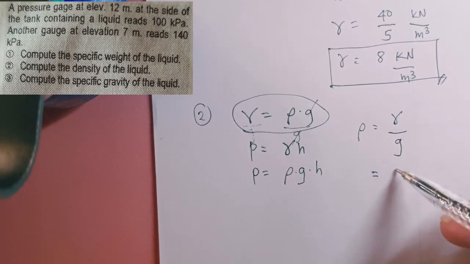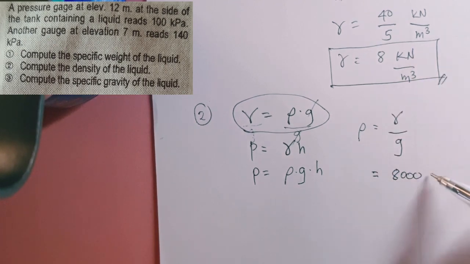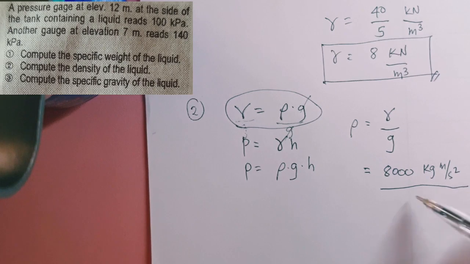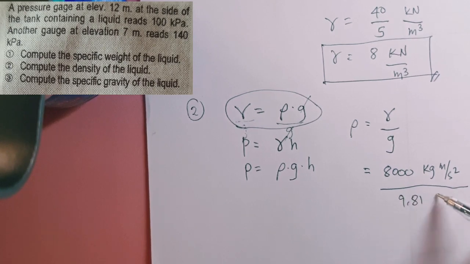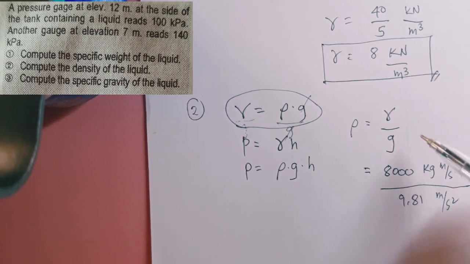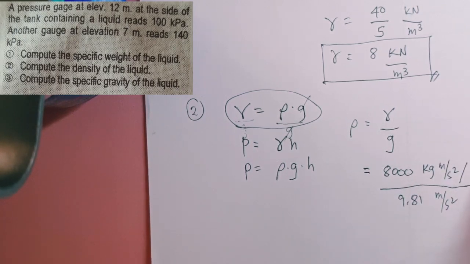So unit weight nakuha na nato, 8 kilonewton is 8,000 newton. Newton is kilogram meters per second squared, divided by acceleration due to gravity 9.81 meters per second squared. Since Newton per cubic meter, napatay cubic meter.